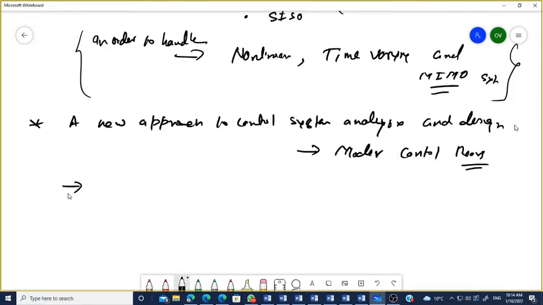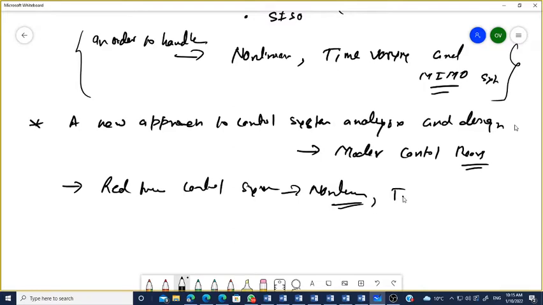So what is the specialty, what is the characteristic, what are the features of the modern control system? As you know, real-time control system problems, any problem in nature, are non-linear, as well as time varying.